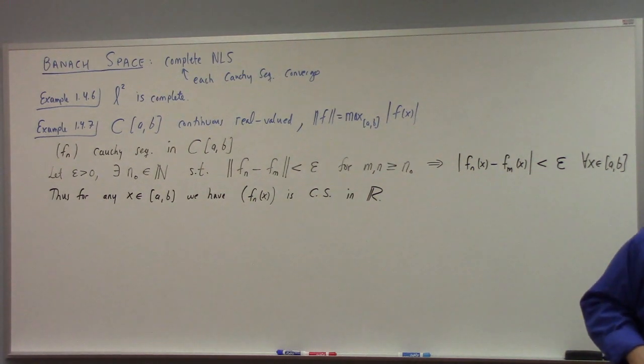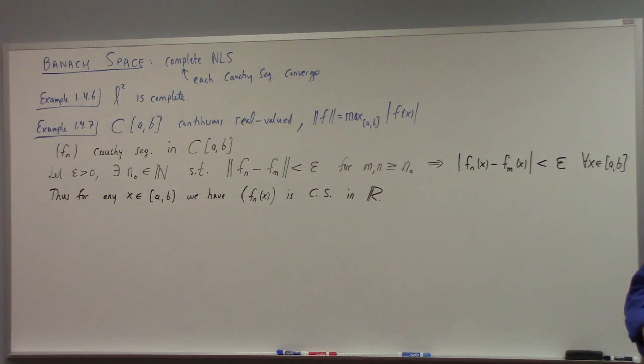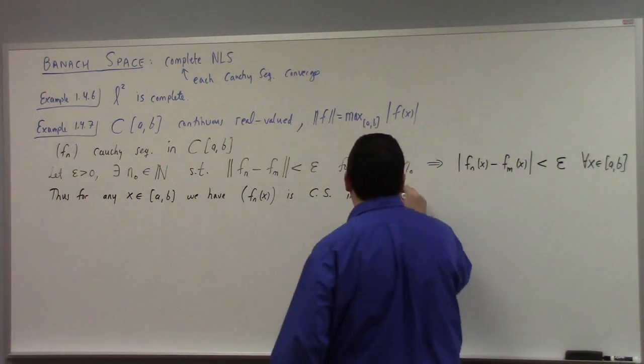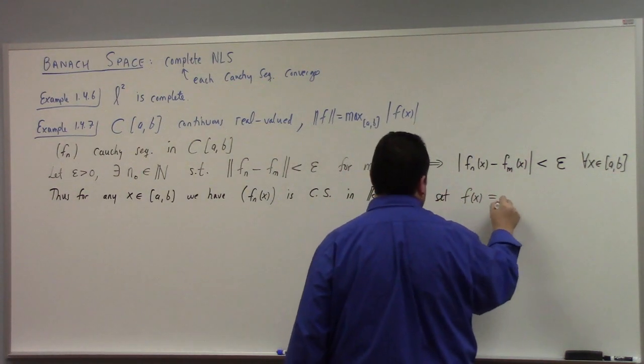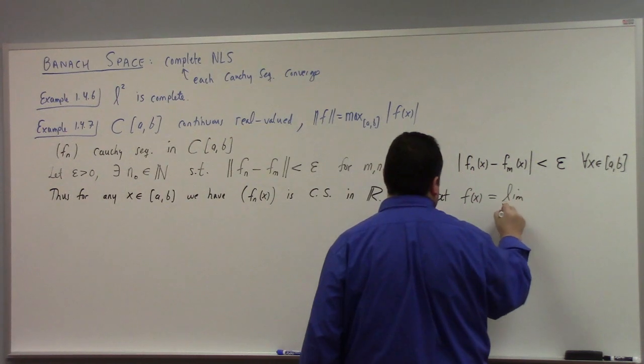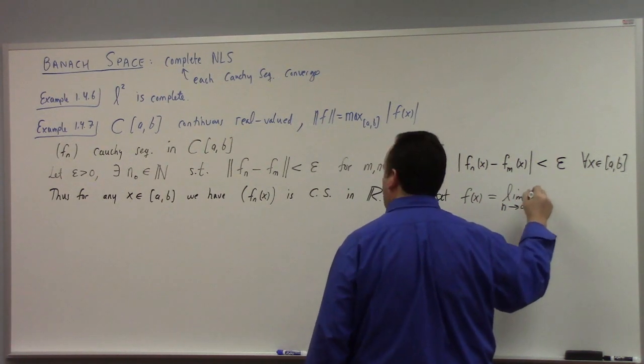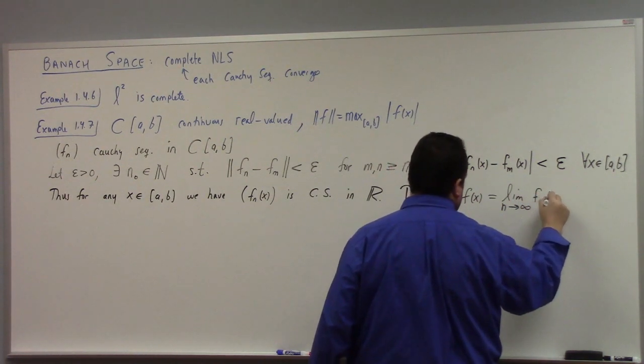And consequently, since we know the reals are complete, we can thus set f(x) equal to the limit as n goes to infinity of f_n(x).